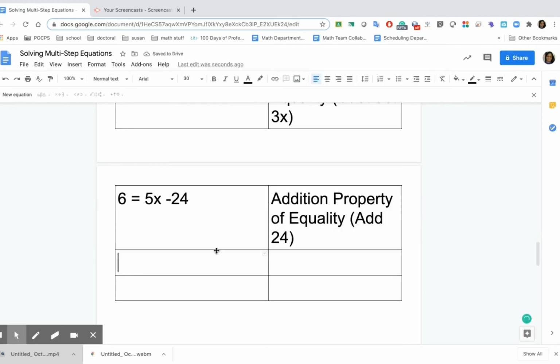So if we add 24 to the left side, 6 plus 24 is equal to 30, and then on the right, 5x, negative 24 and positive 24 will be equal to 0.